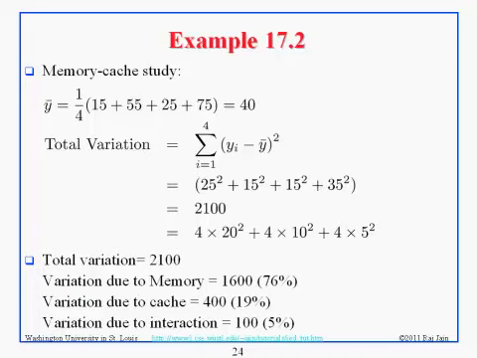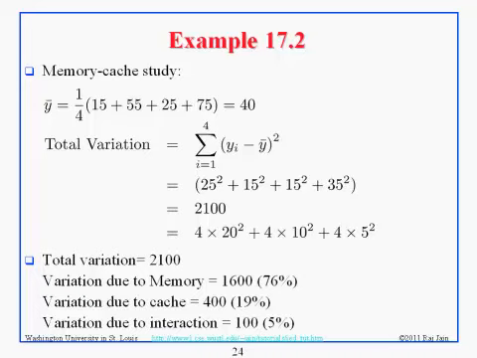Alright? And so with that, we know how to analyze. So now we understand one new thing. First of all, we know how to simply analyze a 2x2 design. Now we also understand how to assign percentages to the effect. And the percentages are simply proportional to the squares of the effects.